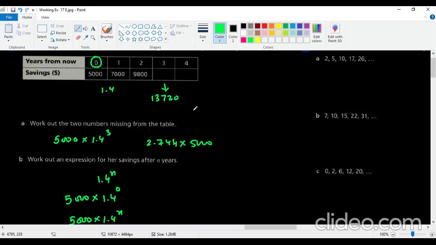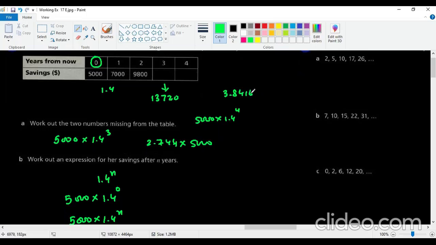And for the fourth term, we are going to use the same term rule, which is 5,000 times 1.4 to the power of 4. So 1.4 to the power of 4 is going to give you 3.8416.